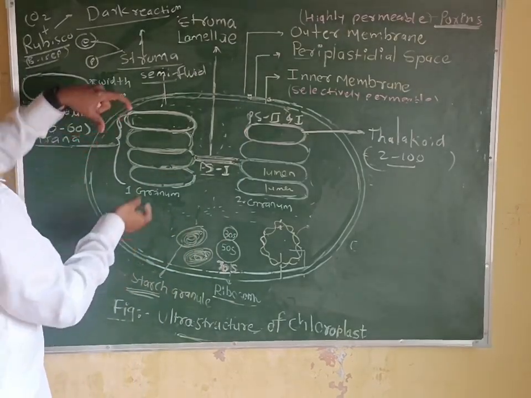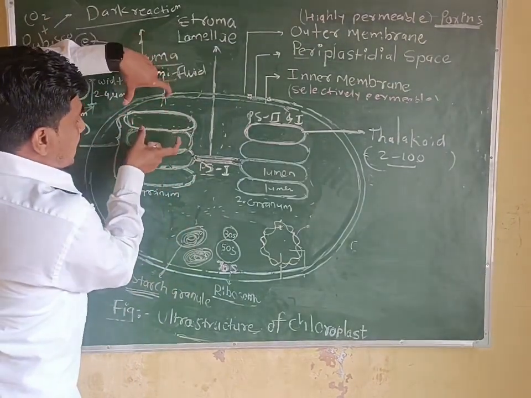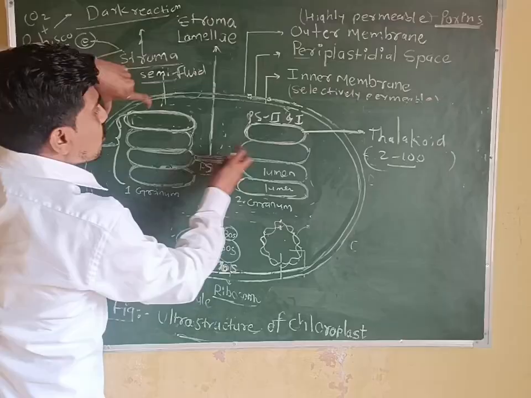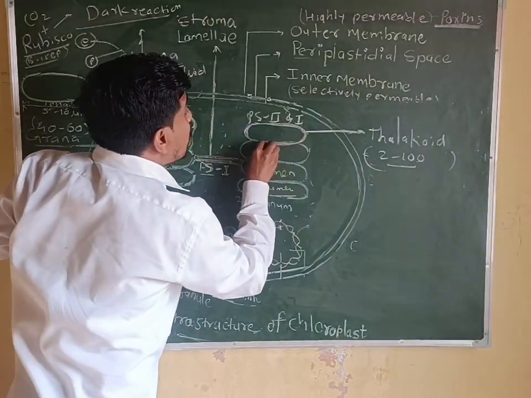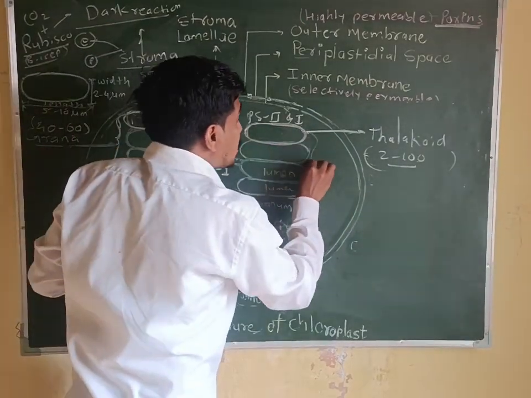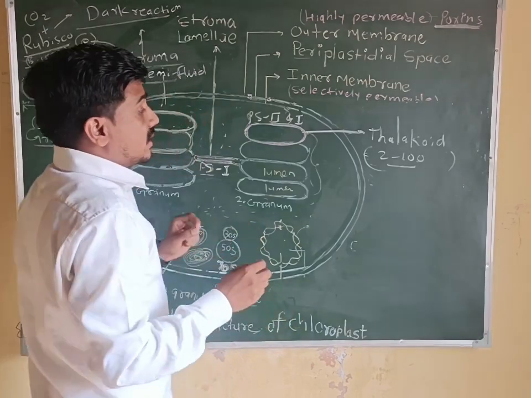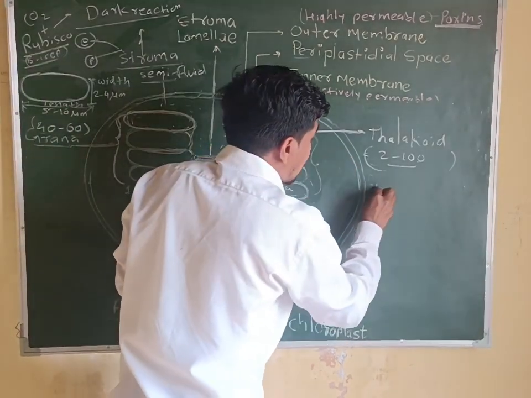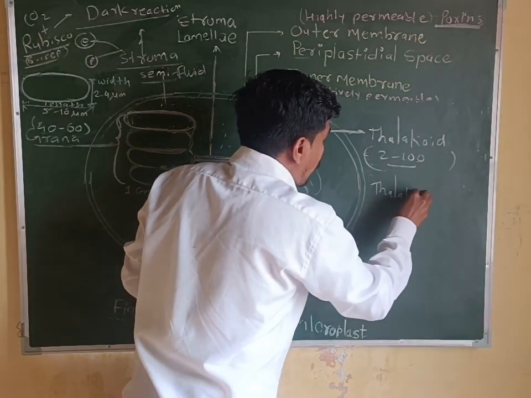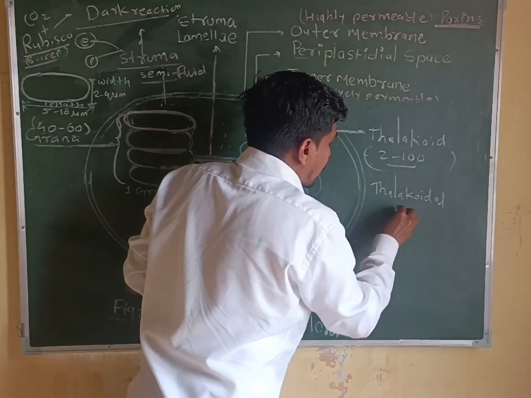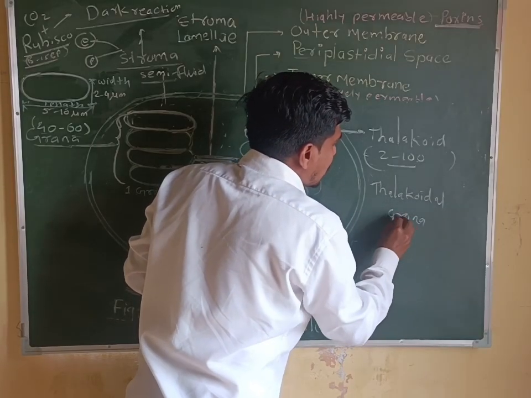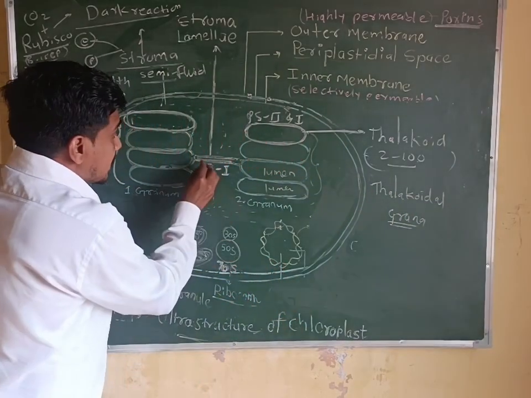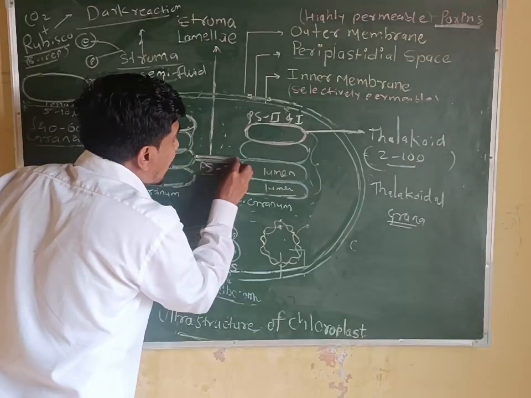The grana is made up of thylakoids. That's why it is also known as thylakoidal grana, or shortly grana.